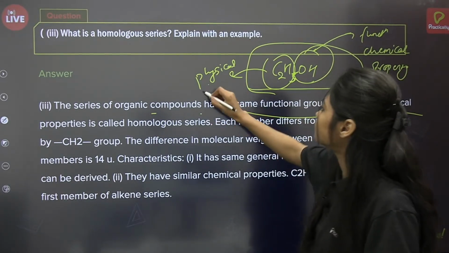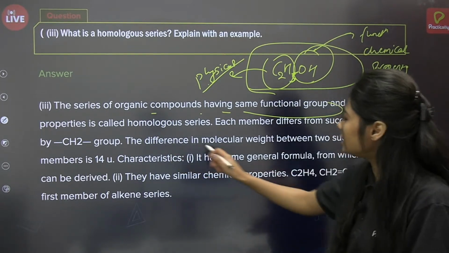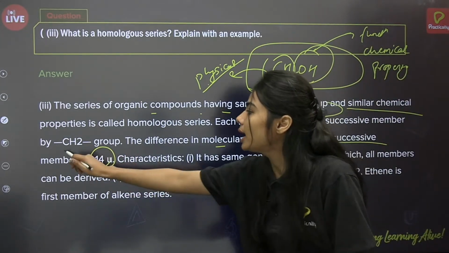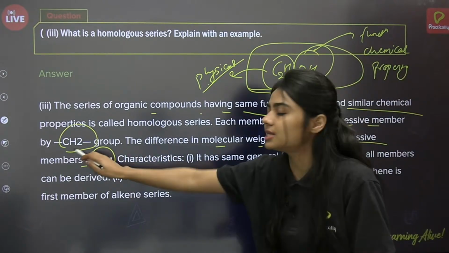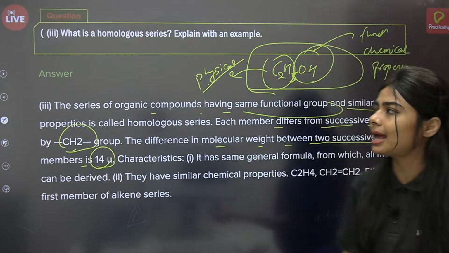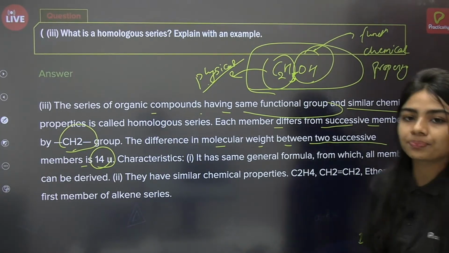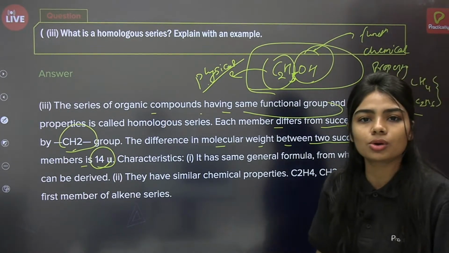Remember this. Next, the difference in molecular weight between two successive members is 14u, and the difference between the two compounds is a CH2 group. If you take any alkane series, let us say CH4 and C2H6, these are both successive members of your homologous series.